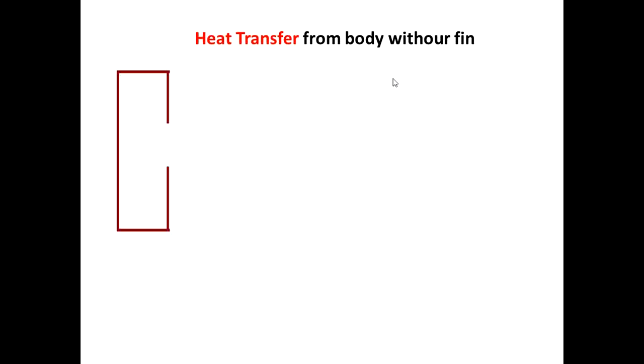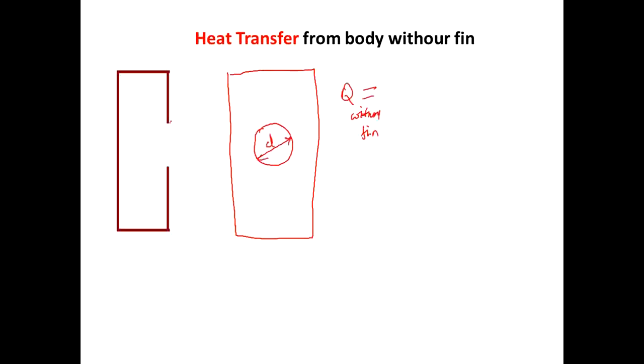Heat transfer from the body without the fin: heat is transferring from the body with only this much area. If you see the side view, you can see the whole. Heat transfer without fin is equal to hAΔT. But when you add the fin, the area increases like this.